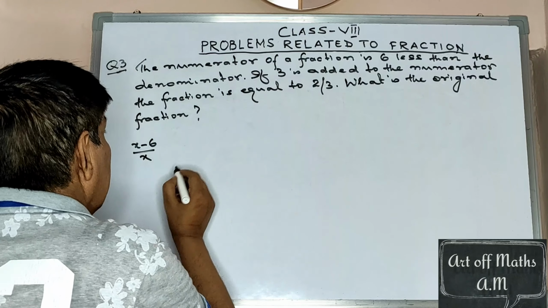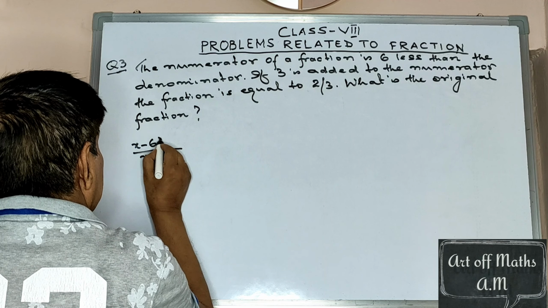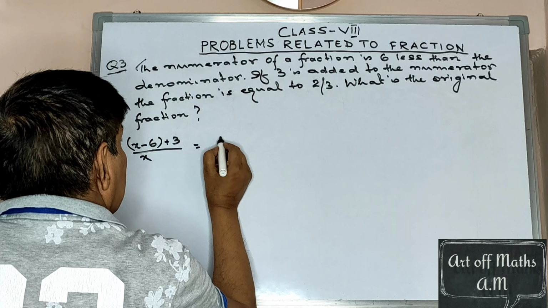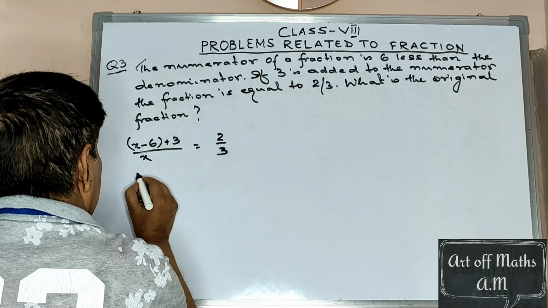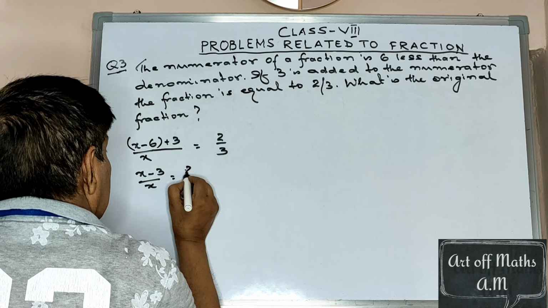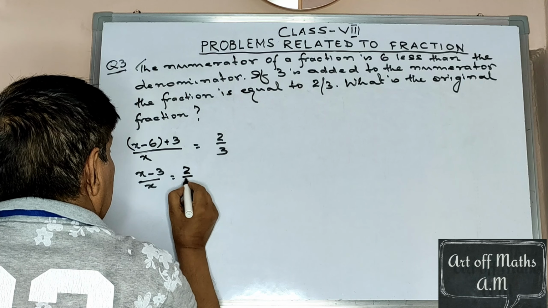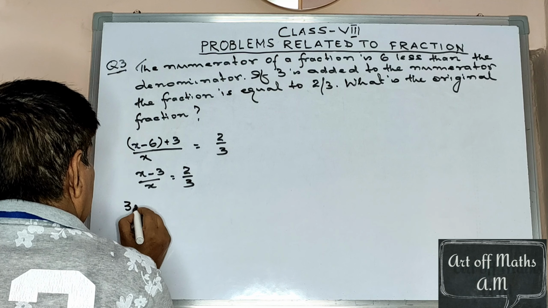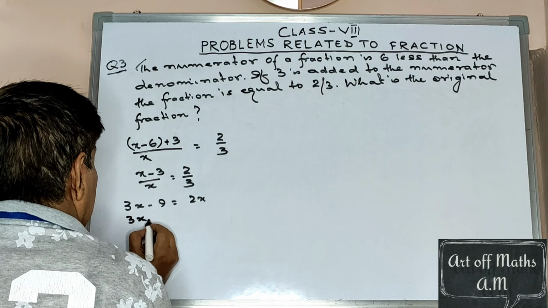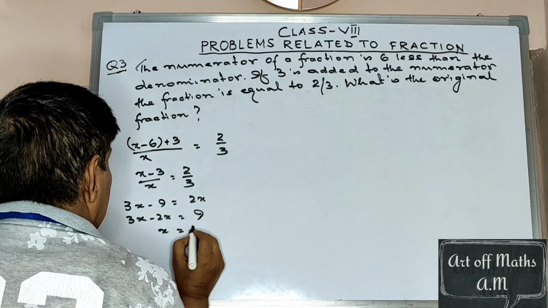Now if 3 is added to the numerator, the fraction will become 2 by 3. x minus 6 plus 3 divided by x equal to 2 by 3. 3x minus 9 equal to 2x. 3x minus 2x equal to 9. x equal to 9.